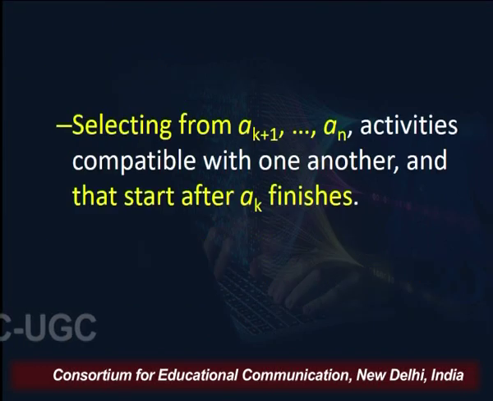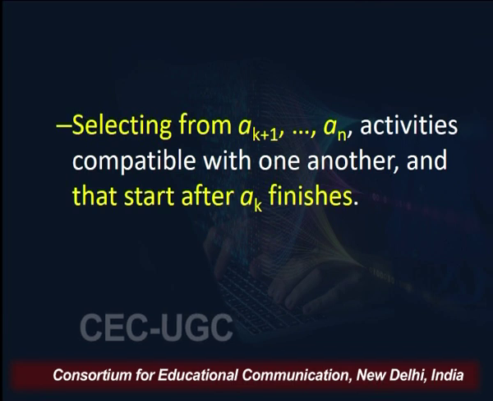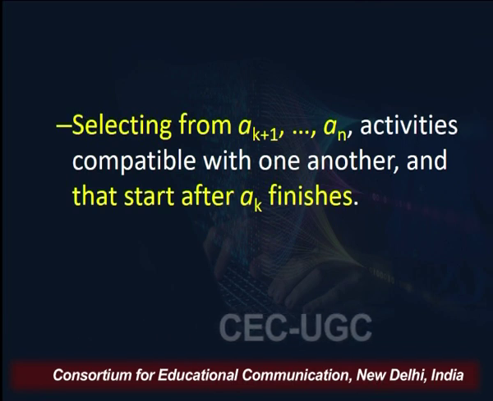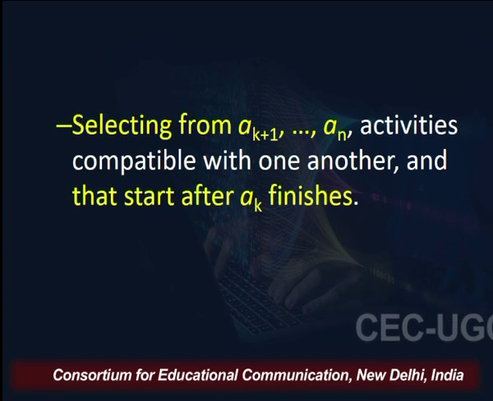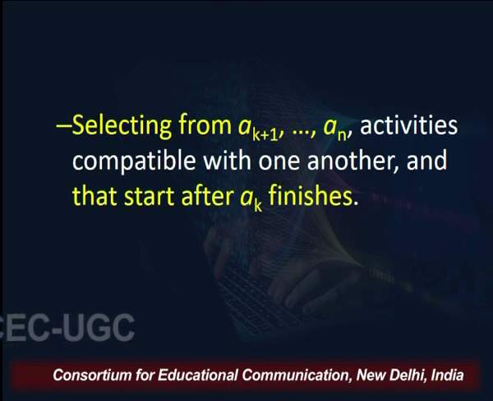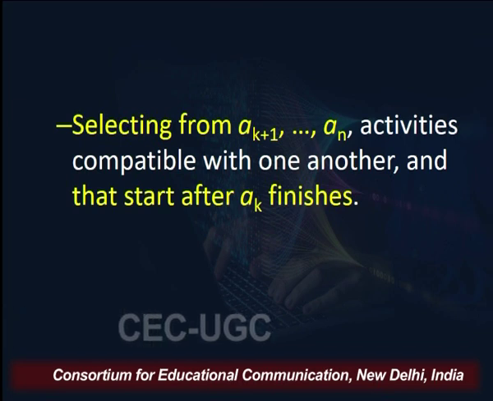The next problem is selecting from AK plus 1 to AN the activities which are compatible with one another and that start after AK finishes. So on both sides of AK, if you visualize it in the form of a line, there is an activity AK. Whatever is on the left of AK, we need to choose from that.